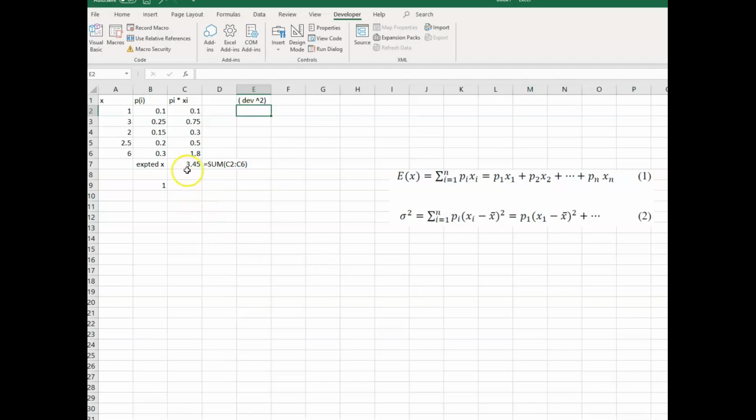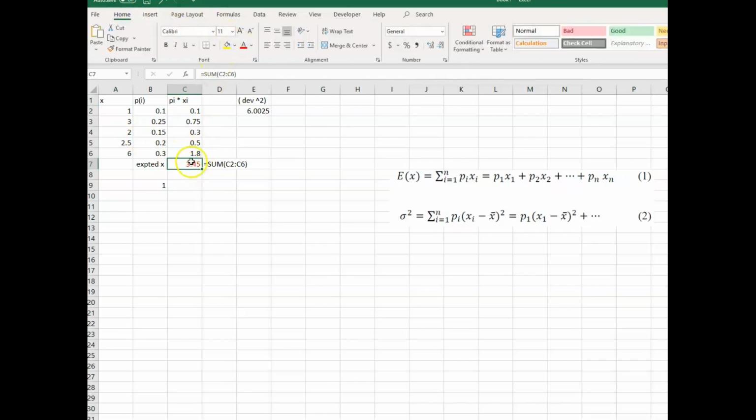First, we have to calculate the mean. The mean is the expected value, right? So this is X1 minus its mean, and we have to use $C$7. We hit F4. And this is squared. So this is X1 minus mean, minus mean, and squared.